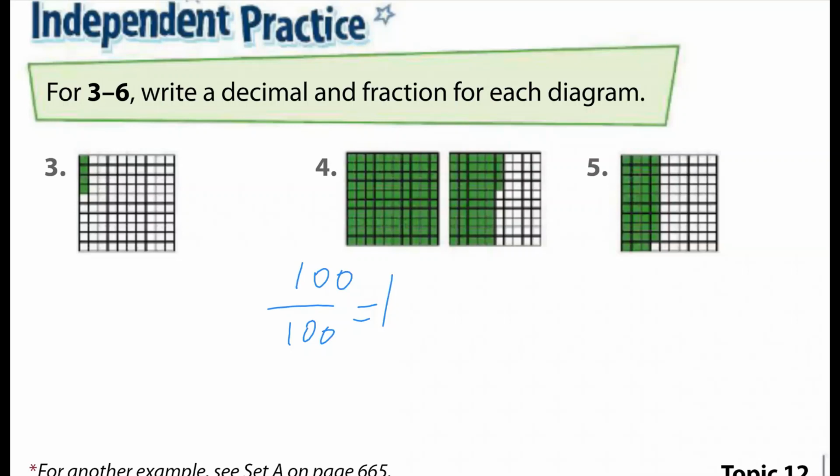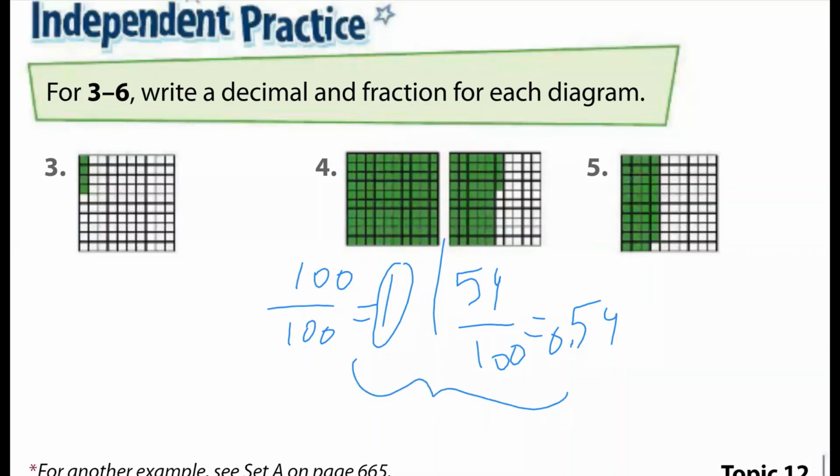And the second one, if you count them, it will become 54 out of 100, which as a decimal is 54 after the point and before the point 0, 0.54. So 1 plus 0.54 becomes 1.54.